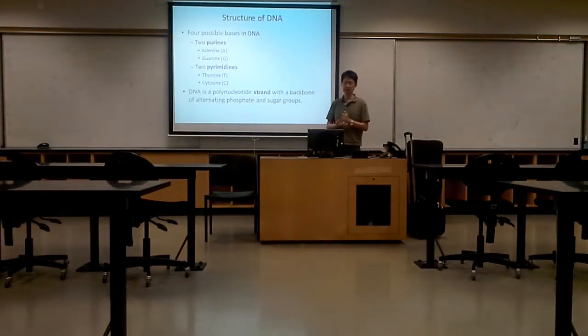So, structure of DNA. There are four possible bases in DNA. Two of them we call purines, A and G, adenine and guanine. Two are pyrimidines, thymine and cytosine.